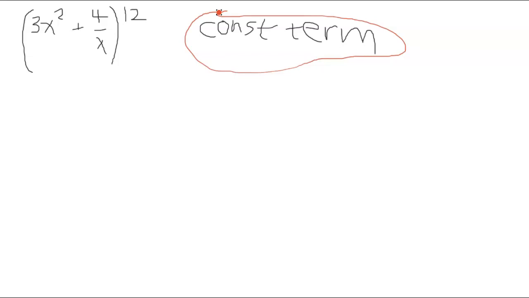So if you know this is a binomial expansion problem, you see that thing and thing to the power 12, then what they ask you must be some combination of those powers. So start thinking about it.